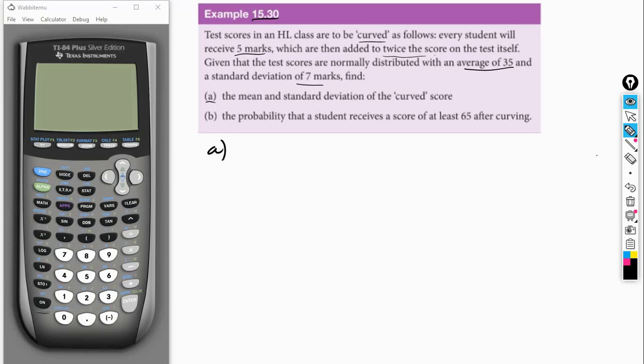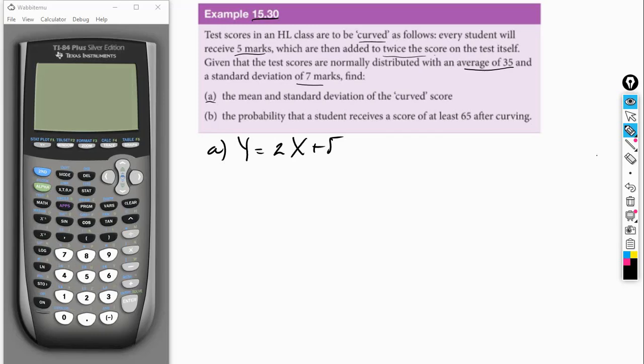So notice that we can define y as the new curved score. So that would be equal to, y is equal to 2 times x plus 5, where x is the actual score on the test itself.